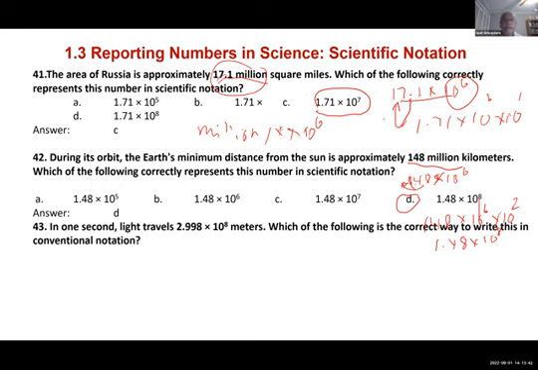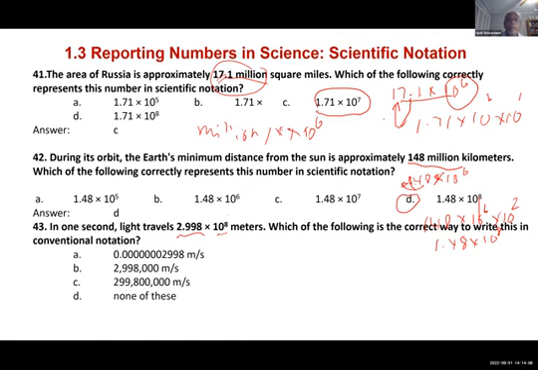In 1 second, light travels this many meters, 10 to the 8. How do you write this in conventional notation? So you have to move the decimal place how far? To the right. You have to move the decimal place to the right here. So it is 10 to the negative 2.